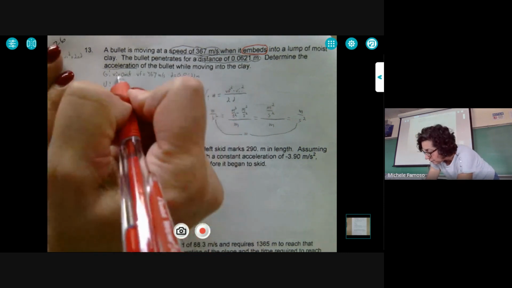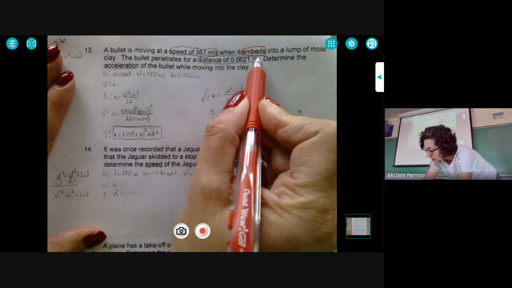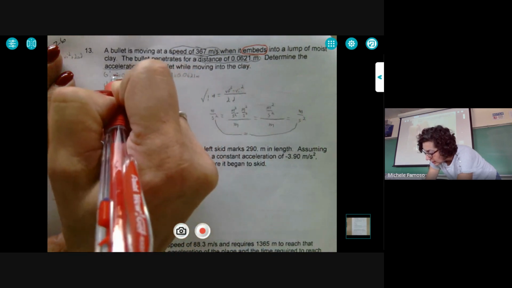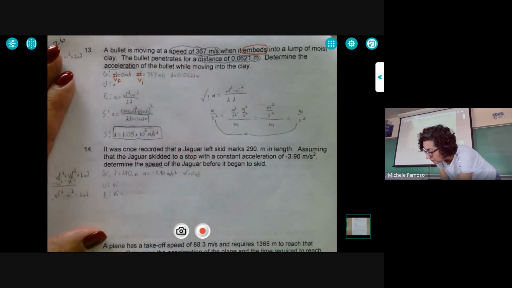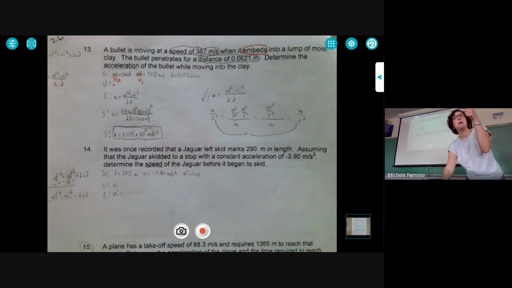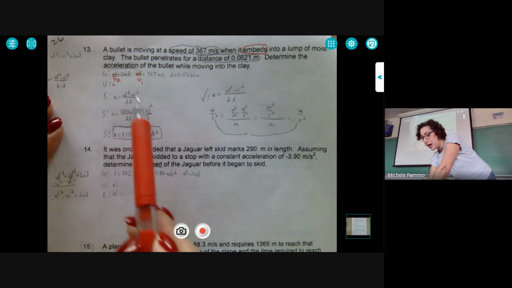This is actually reversed. Because it's moving at this speed and then it gets embedded in. So this should be your VI and that should be your VF. And that is the D. Does that make sense? It was going at that speed when it got into the clay and then the clay stopped it. Yeah, we were thinking of it like before the bullet. Yeah, well, it's the other way around. So we're looking for A.